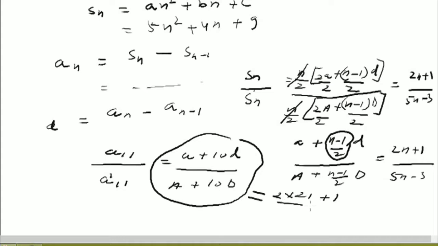So we will get the ratio of their 11th terms very easily. This is the way we proceed and get things done. If we do it very carefully, things become very easy for us.